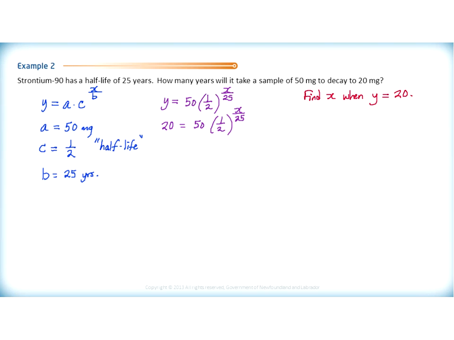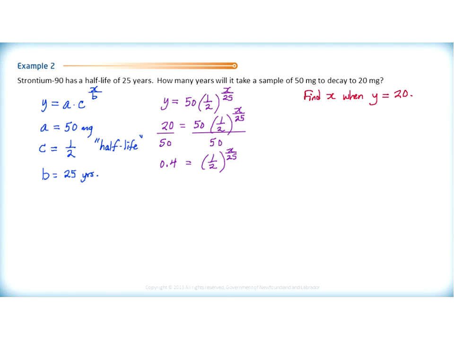Similarly, to solve for x, we will divide both sides of the equation by 50. So then the left-hand side of the equation equals decimal 4 will equal 1/2 raised to the power of x over 25.